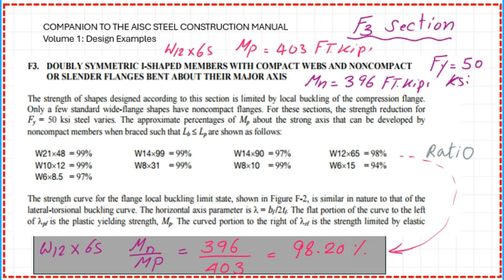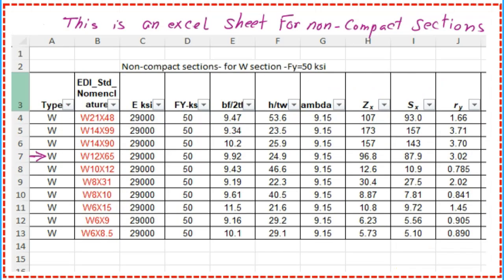We are going to check the M nominal, which we have estimated as 396, divided by the M plastic, which is 403, equals 98.2%, which is very close to 98%. We will move to the next slide section.